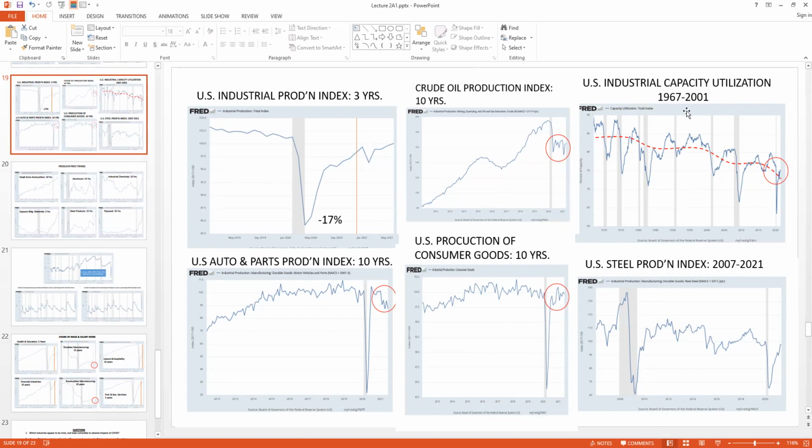US industrial capacity utilization is another story completely, but it has to be told in the context of production, because we can see that over the years there has been a decline in the utilization of productive industrial assets.